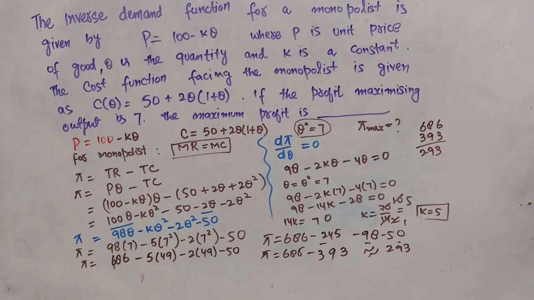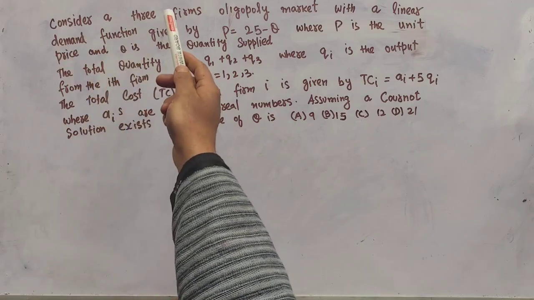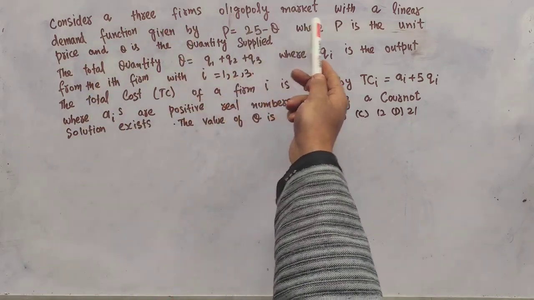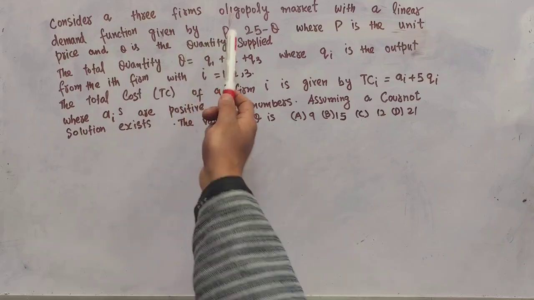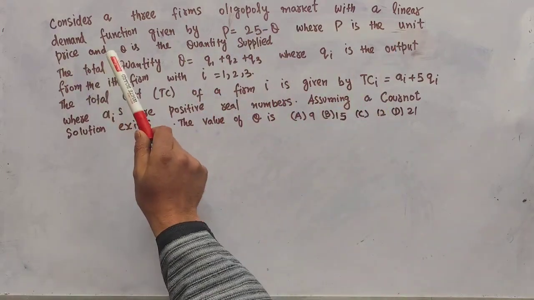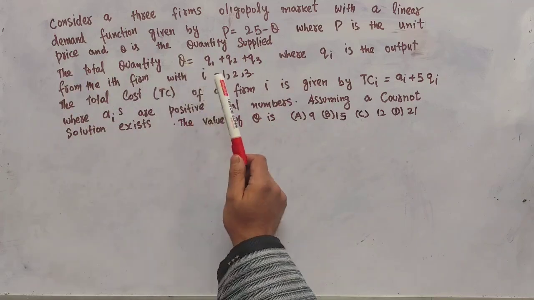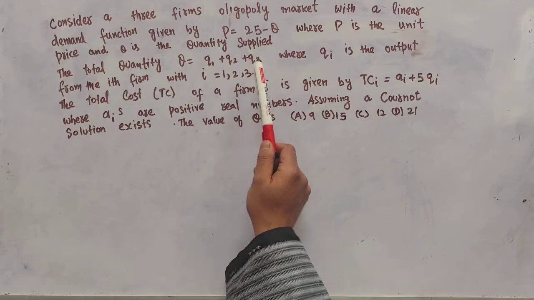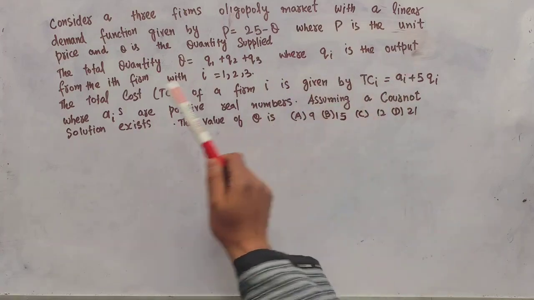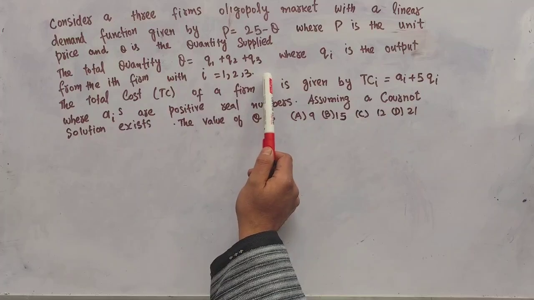The question is to find out the Cournot solution for the given oligopoly model. The question is, consider a three firms oligopoly market with a linear demand function given by P is equal to 25 minus Q, where P is the unit price and Q is the quantity supplied. The total quantity Q is equal to Q1 plus Q2 plus Q3, where Qi is the output from the ith firm with i equal to 1, 2, 3.